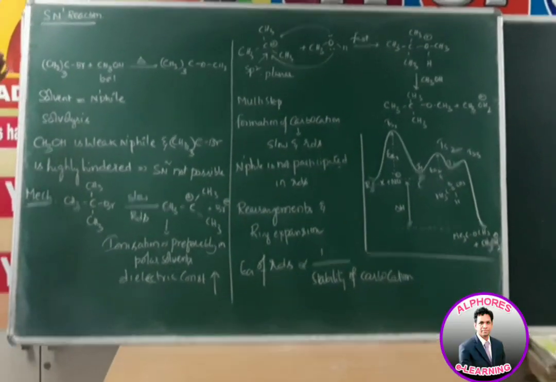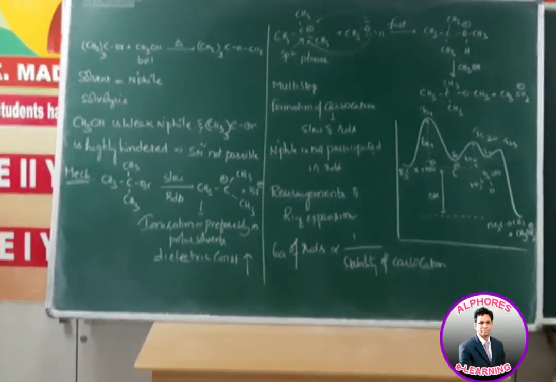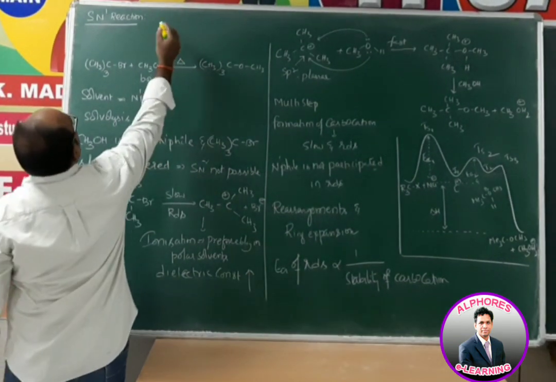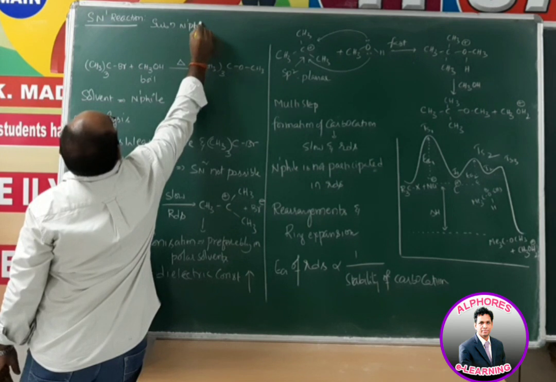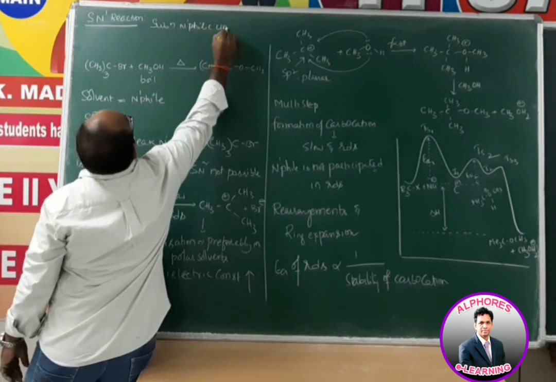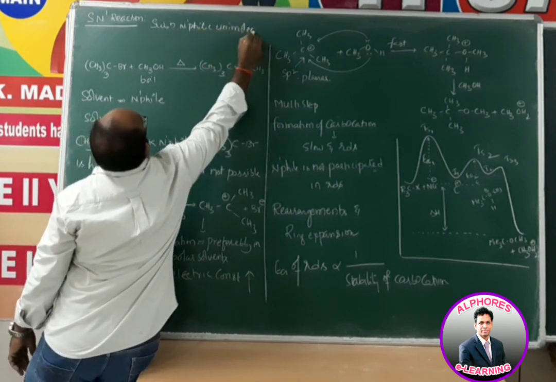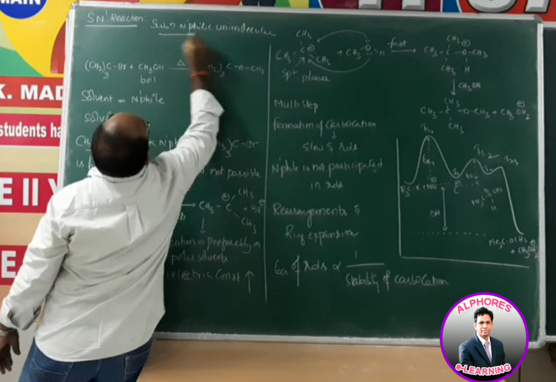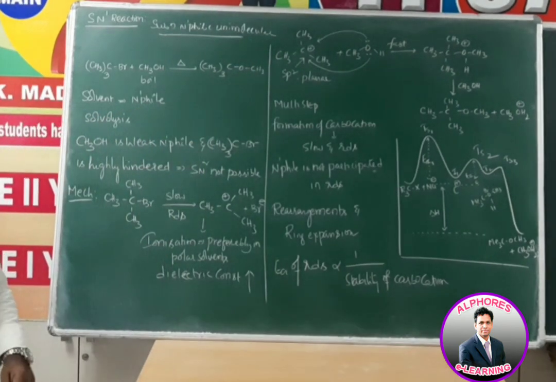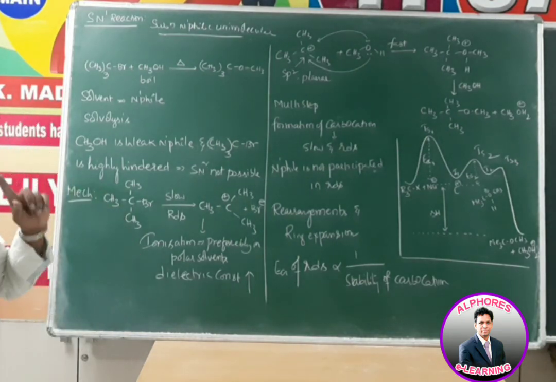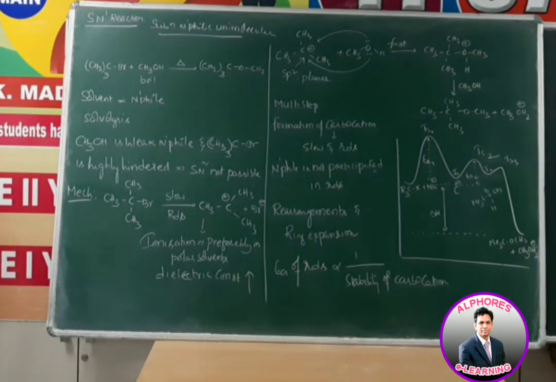Now we are going to discuss SN1 reaction, substitution nucleophilic unimolecular. You can guess it. Unimolecular means only one molecule is going to take part in the rate law, that is only the substrate. Let us see how this reaction proceeds.